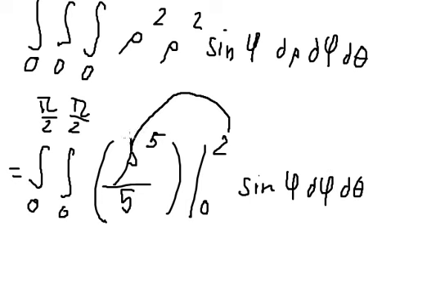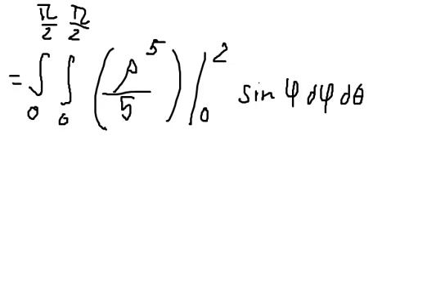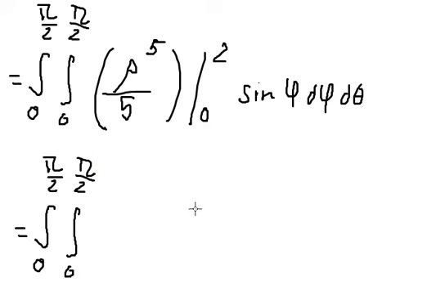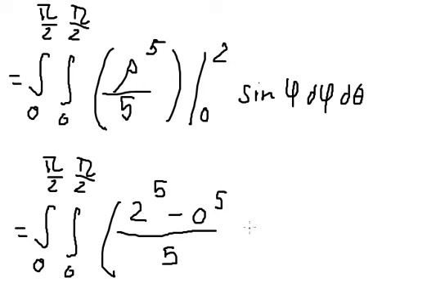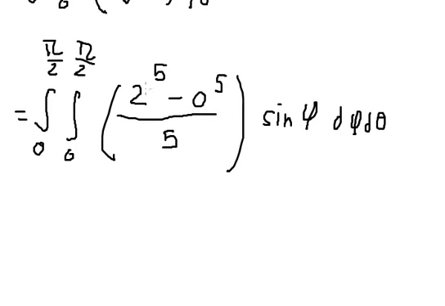So I will put 2 here, 0 here. So we have 2 to the power of 5 minus 0 to the power of 5, over 5. If we simplify it, we have 32 over 5.